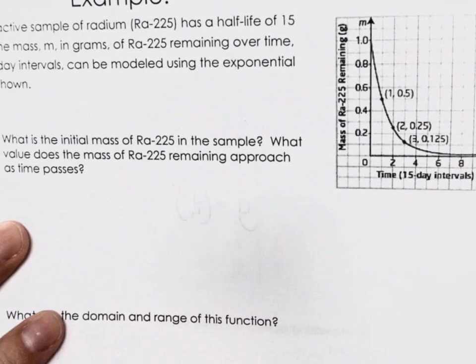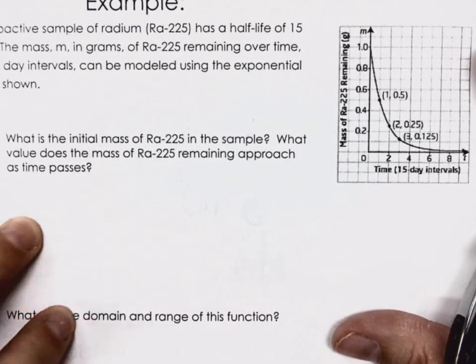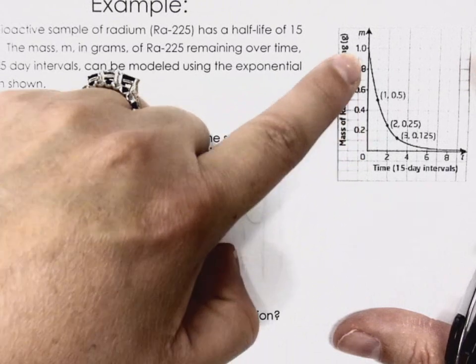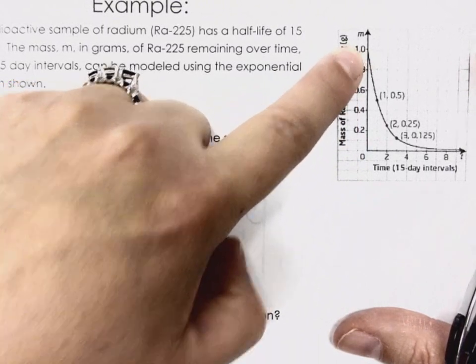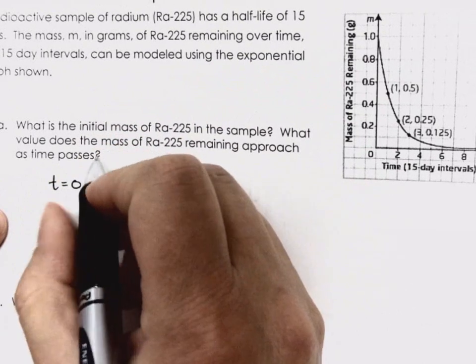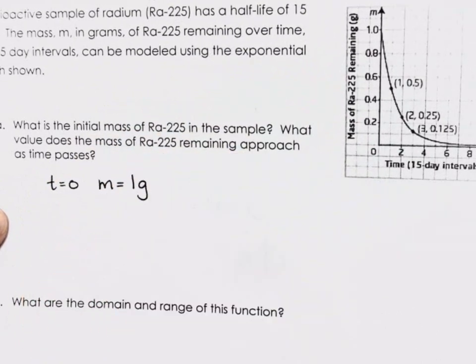Okay. Looking at our graph, where does our graph start? We're in quadrant 1. It's starting at time 0. Where are we? 1. So when t is equal to 0, the mass is equal to 1 gram.